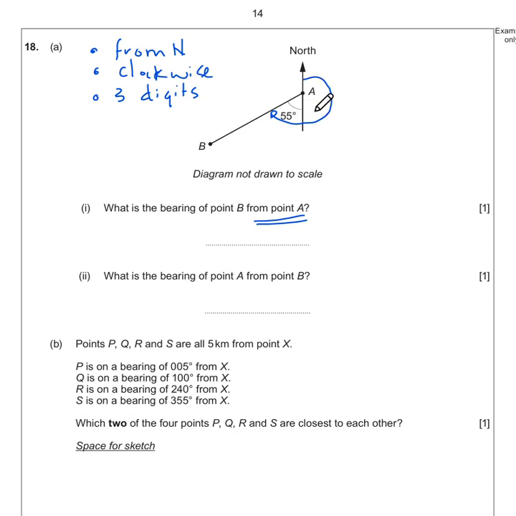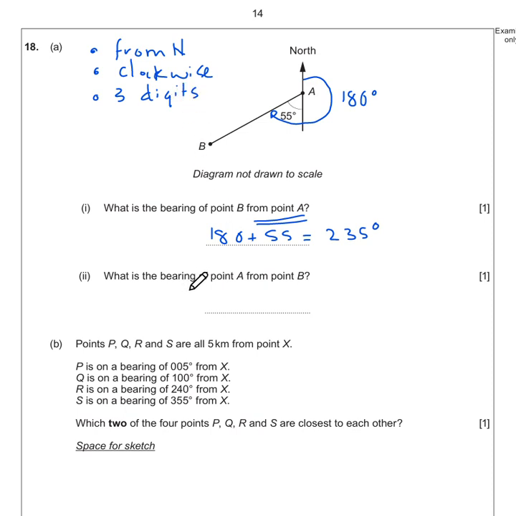This part is labelled 55. This is a straight line, so this other part here is going to be 180 degrees. So 180 plus this 55, that's going to give me a bearing of 235 degrees. It's already 3 digits, isn't it? So that's perfectly good.